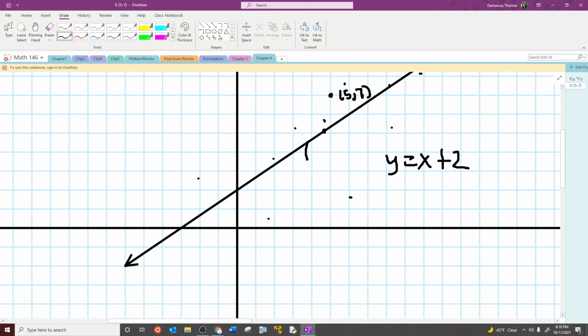But what happens if we were to predict the point? Actually, it's not supposed to be the same. So let's make this 5, 9. And let's make our predicted value, when we plug 5 in, y is 7. So 5, 7 is predicted, and 5, 9 is the real point.